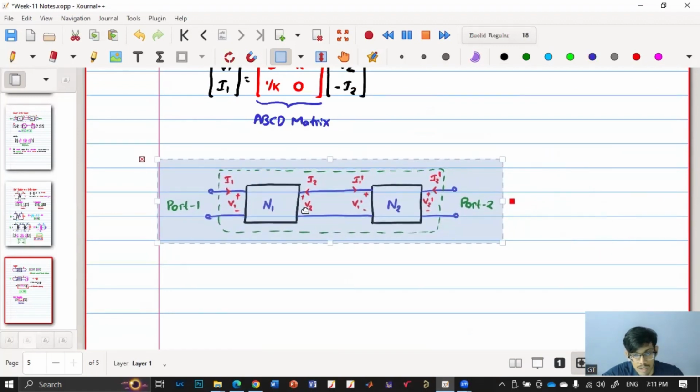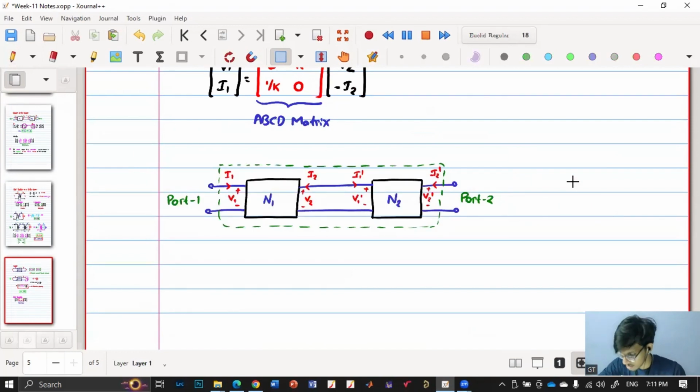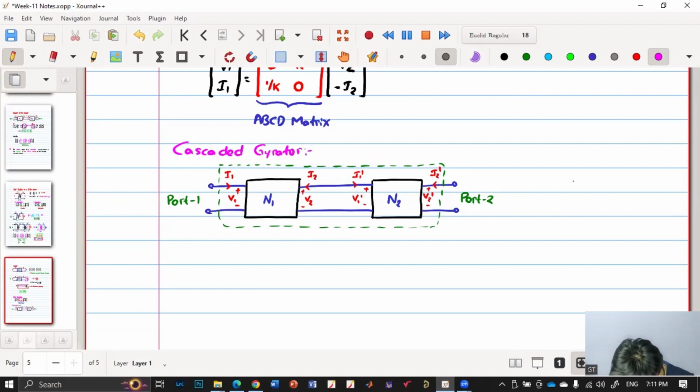So this is a cascaded gyrator circuit. Now I need to get the relation between V2, I2 dash and V1, I1. I know that the overall ABCD matrix is the product of the individual ABCD matrices.